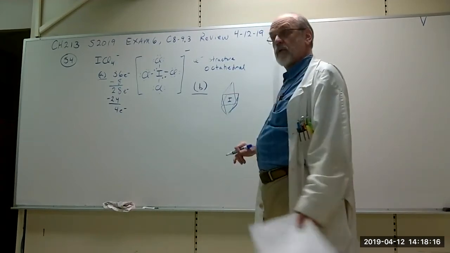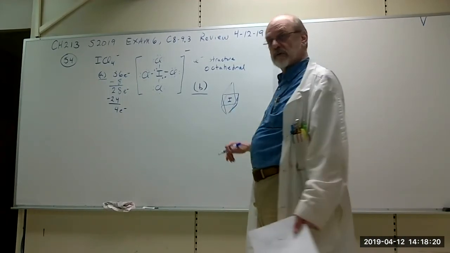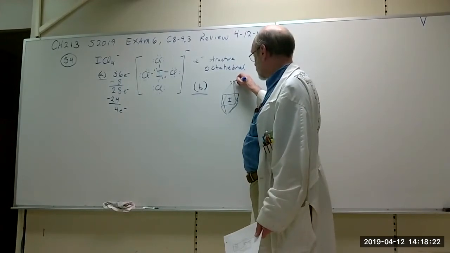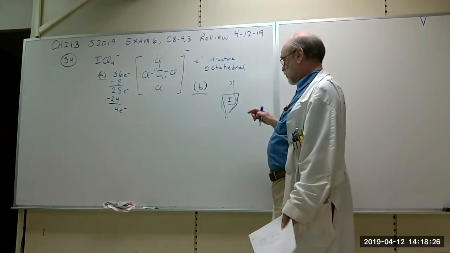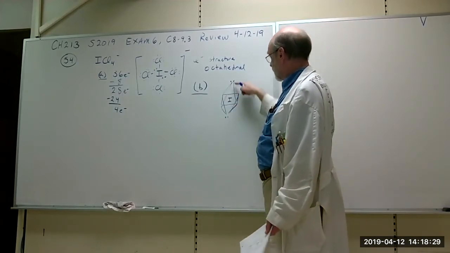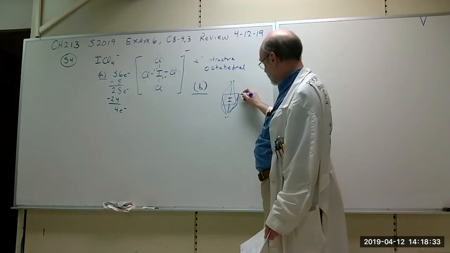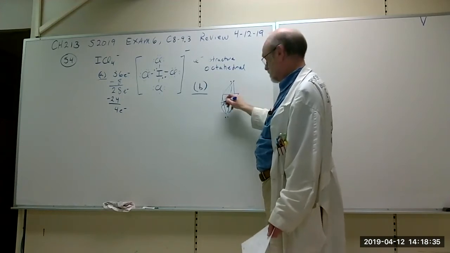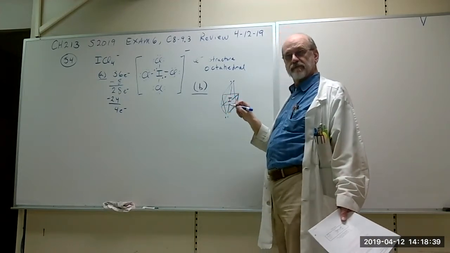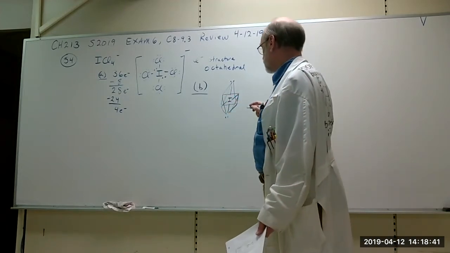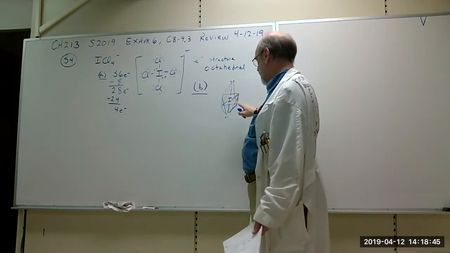The best place for lone pair electrons, as far away as possible, is these two apexes. Now, true, we could put them here and here, because this is 180 degrees, but so is this. But if we did that, then we would have chlorines here and there.